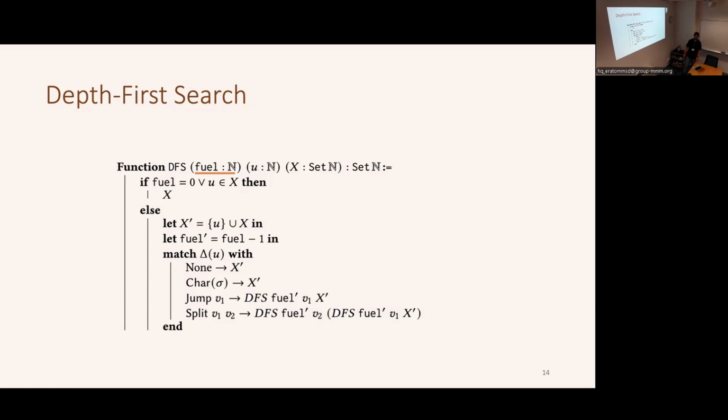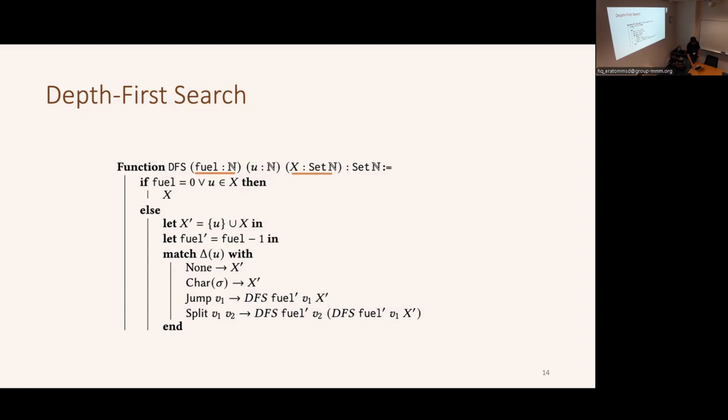So we supply this additional fuel parameter, which is like a recursion depth, and this is the simplest way to make this go through the termination checker. The other way would be to add some kind of proof saying that the number of unvisited nodes is decreasing. But this is probably the simplest approach, and this works.